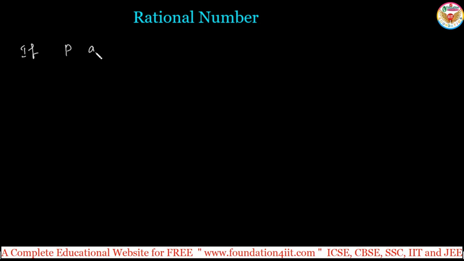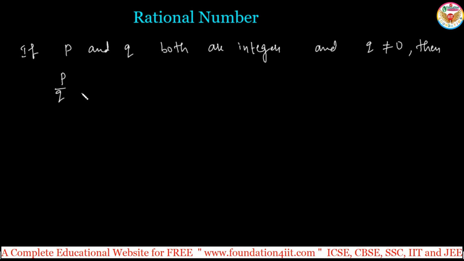As we know, if p and q both are integers, because already natural numbers are in whole numbers and all the whole numbers are integers, and q is not equal to 0, so q should not be 0, then p divided by q is called a rational number.